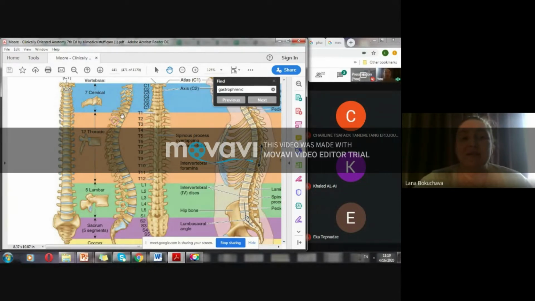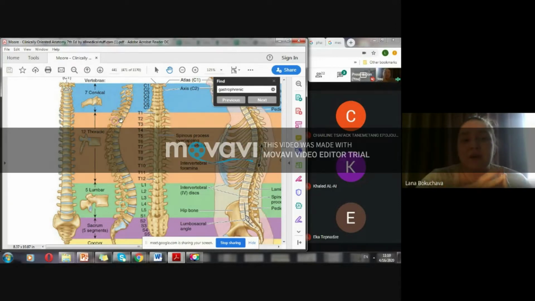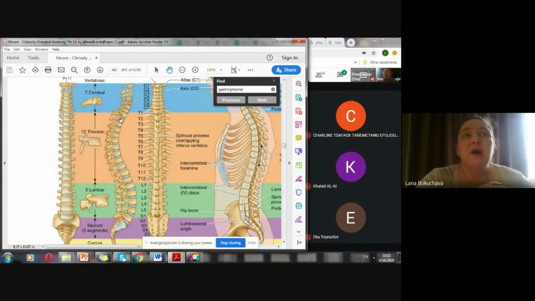As a result, you can see that T1, T2 and T3 also share this characteristic of the spinous process. What is also interesting is that in the case of C7, even the transverse processes are very long. Compared to T1, T2, T3, they have some resemblance to each other, even in the body of the vertebra. Why?